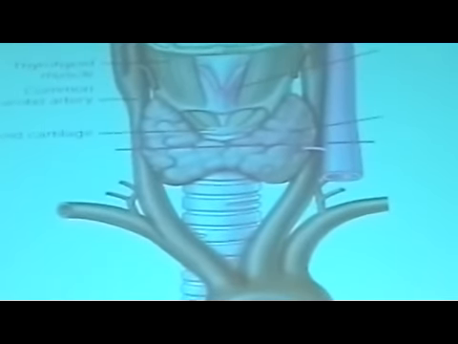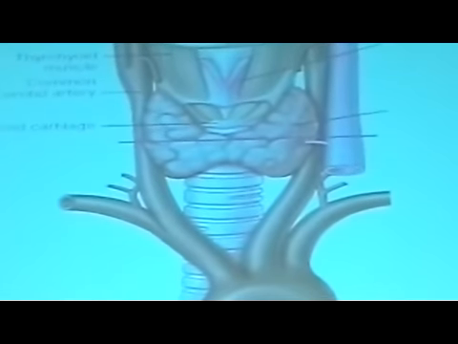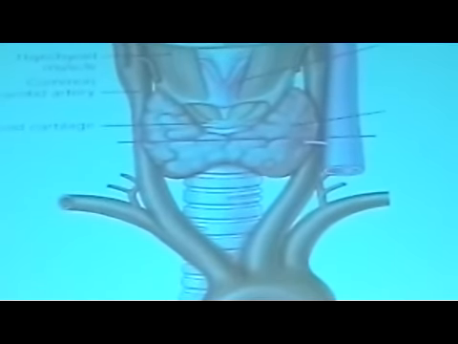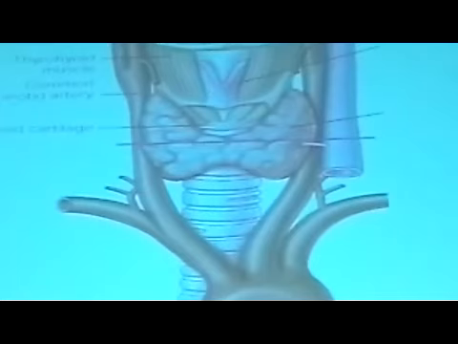Because this recurrent laryngeal nerve supplies the larynx, before it enters the larynx it divides into several branches, and these branches surround this artery.